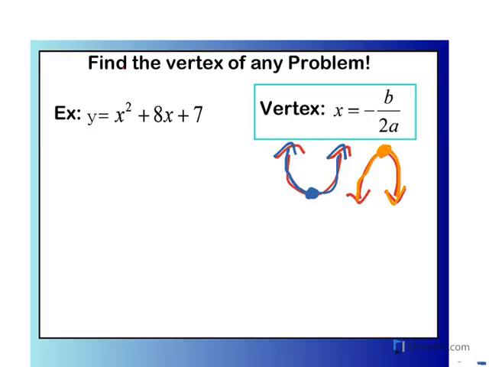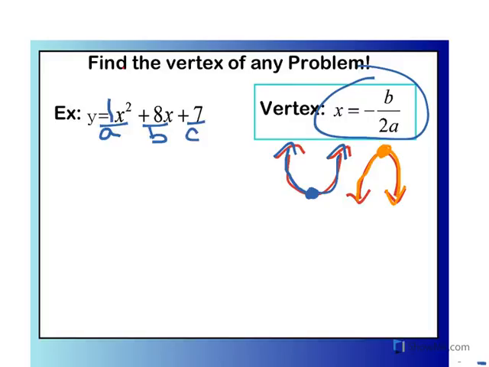Now, in order to find the vertex, we have this formula right here that says x is equal to negative b over 2a. Just a quick reminder, when we look at this first equation, y equals x squared plus 8x plus 7, remember that there's really a 1 understood to be in front of the x squared, so our a is 1, our b is the 8 that is the coefficient on the x, and our c is the 7.